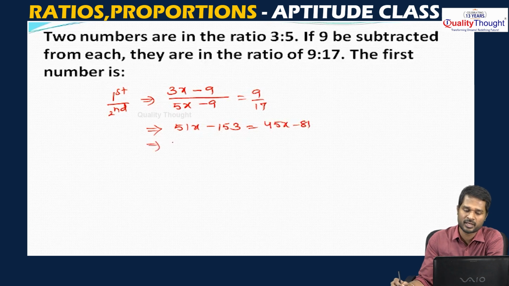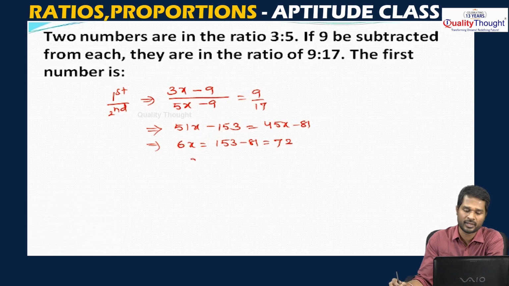Take the variables to one side. 51 minus 45 is 6x is equal to 153 minus 81, which is 72.